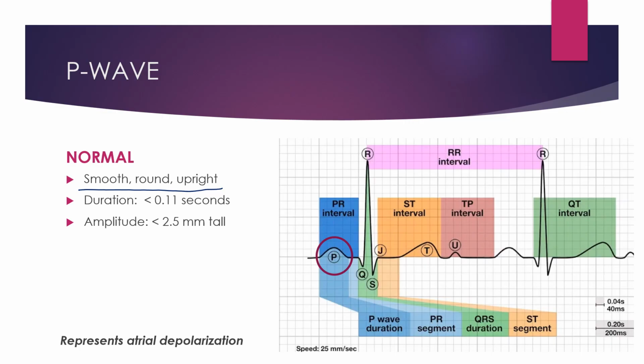When we measure time, we're talking this horizontal axis, a duration of less than 0.11 seconds, and then they should have an amplitude, which is measured from the isoelectric line to the top of the P wave, of less than 2.5 millimeters in height. So amplitude less than 2.5 millimeters tall. That would make the P wave normal. As you already know, P waves are representative of atrial depolarization.